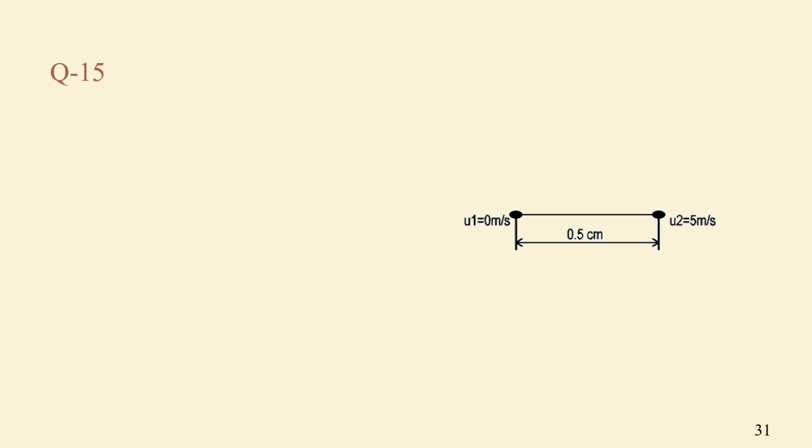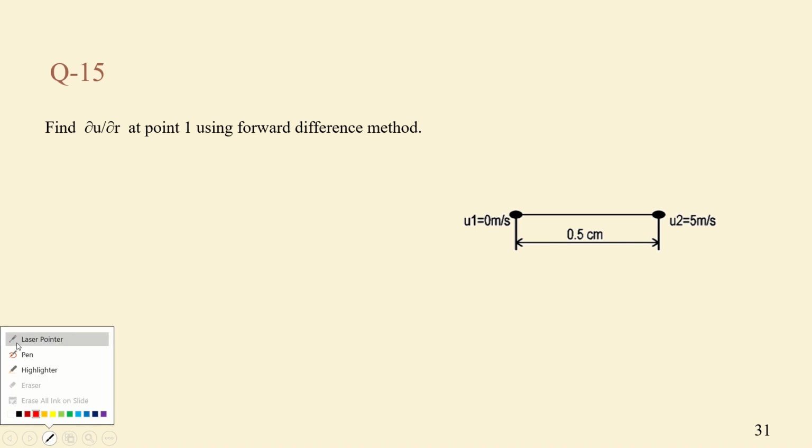Question 15 says: find dou u by dou r at point 1 using the forward difference method. So u1 is 0 meter per second, u2 is 5 meter per second, and we need to find dou u by dou r at point 1 using the forward difference approach.